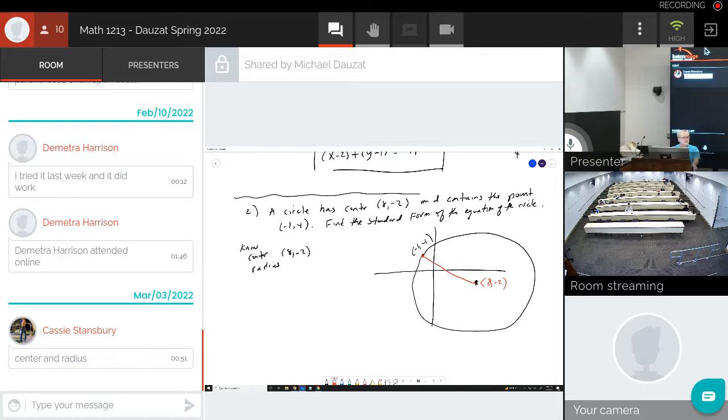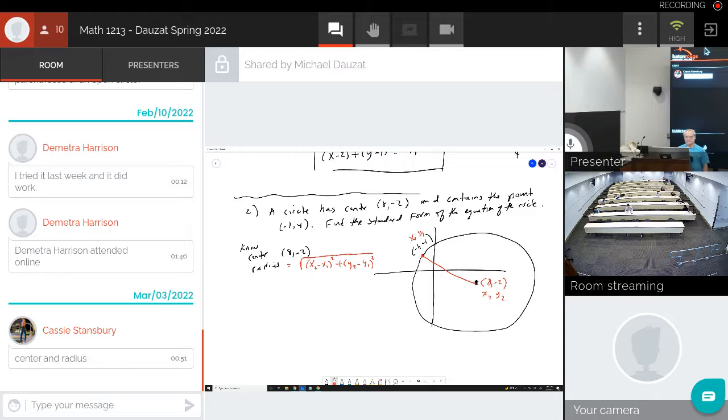Here's just a radius. So do I need to divide by 2 like I did in number 1? No. So the radius would be the square root of, I'm going to use x2 minus x1 squared plus y2 minus y1 squared. And so let's call this x1, y1, and this, let's call it x2, y2.